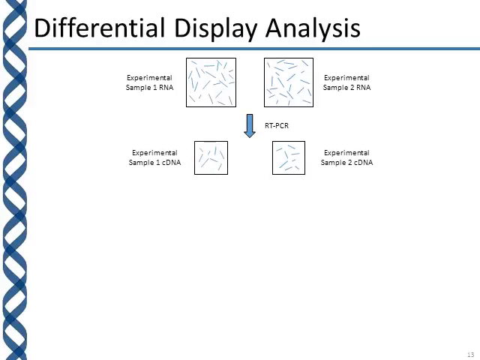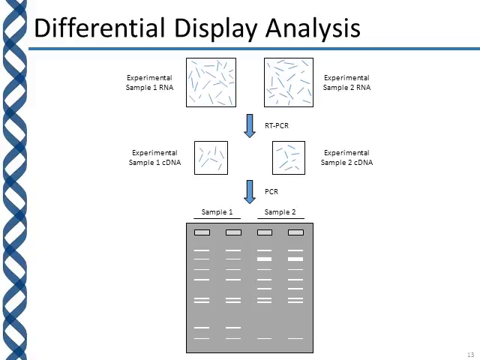Using RT-PCR, as we described previously, where one primer targets the poly A tail of messenger RNA, the messenger RNAs are specifically amplified, so you now have cDNA isolated from the messenger RNA. This is then amplified using standard PCR. The resulting amplicons are then separated by gel electrophoresis.